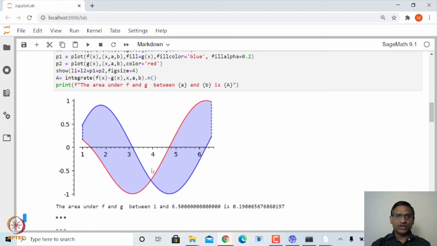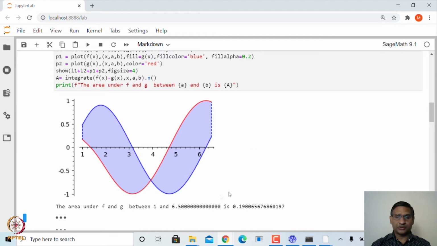So, in that case you need to find out this point of intersection of these two functions, and then calculate the area to the left of which and area to the right of which. The one to the left of this point will be the integral of f(x) minus g(x), and the right hand side will be the integral of g(x) minus f(x).